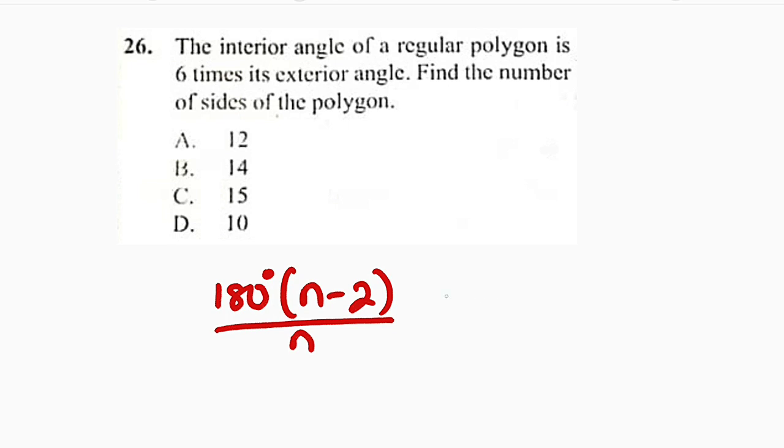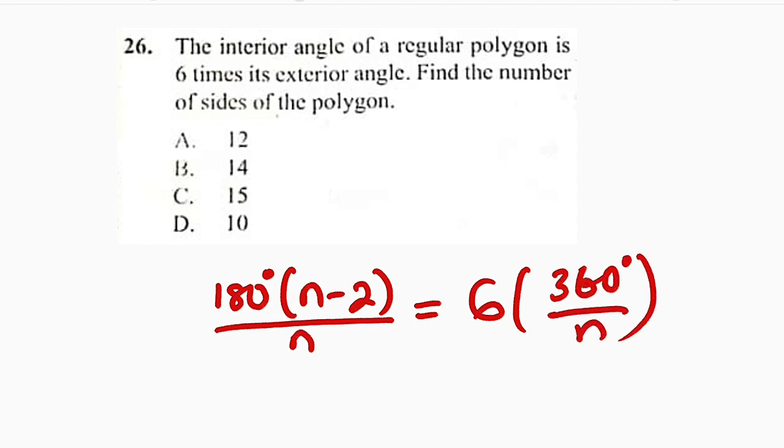So mathematically, this is equal to 6 times every single exterior angle, that is 360 divided by n. So this is what we need to solve for n, because we are looking for the number of sides, for which n stands for the number of sides.